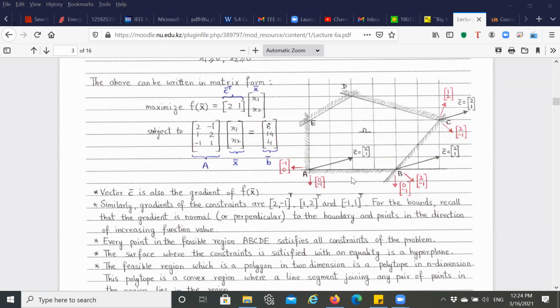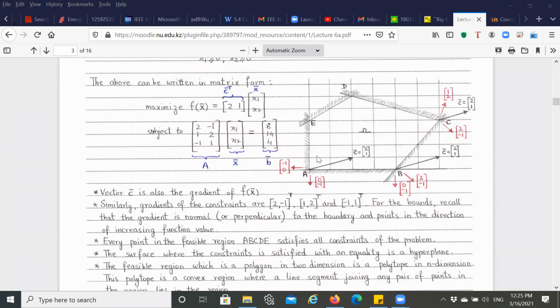There's a theorem, which we won't be looking into, which proves that for LPP problems, the optimal value of the objective function will always exist at one of the endpoints. That's why it's very important for us to understand what a convex hull is. If you have 2 decision variables, it's easy to see that, but once the system becomes multidimensional, we cannot visualize it that easily, and therefore we have to use the KKT conditions to ensure that we have reached optimality or not. To do that, we need to understand what the gradient is.